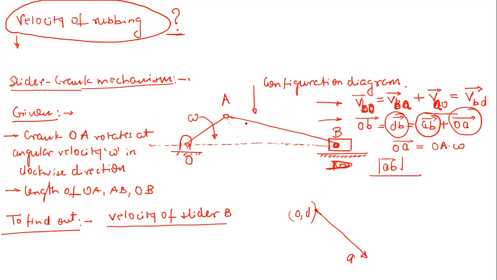The only way to calculate this is to find out this angular velocity, right? So that is not given. So AB vector is not known in magnitude, but do we know the direction of this AB vector? Yes. What is this direction? Rightwards, and then perpendicular to AB.